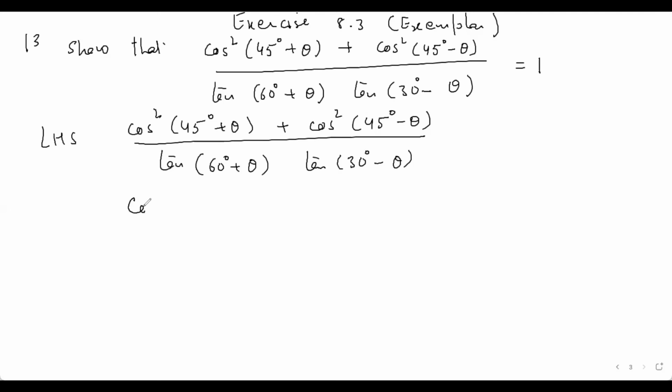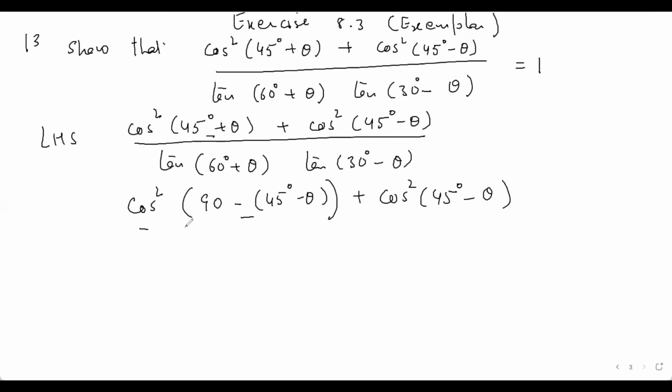Now this thing can be written as cos square 90 minus 45 degree minus theta. If I subtract 45 degree minus theta from 90, what you will get? You will get 45 degree plus theta. So instead of this, I'm going to write this plus cos square 45 degree minus theta upon, now I'm going to change this 60 degree plus theta.